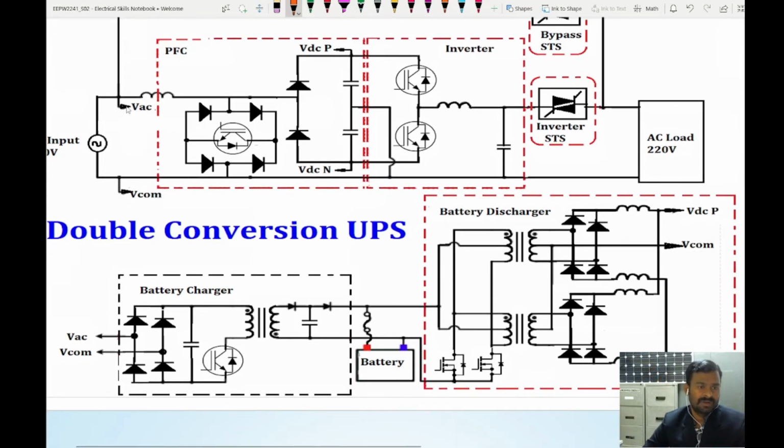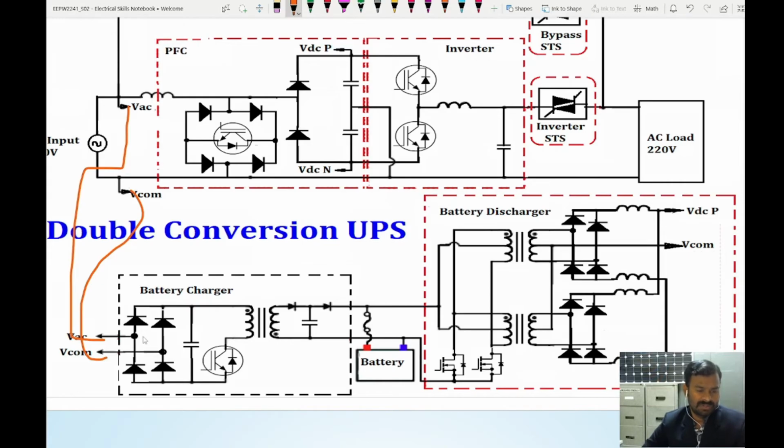So from the VAC input, it is also given to the charger unit. Here it is a simple rectifier unit, a bridge rectifier, and the charging rate is controlled by using this IGBT, which is available here.